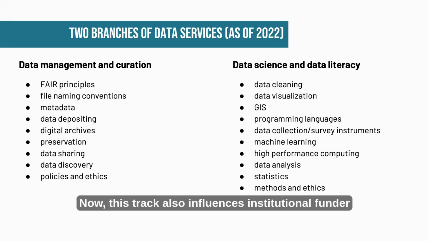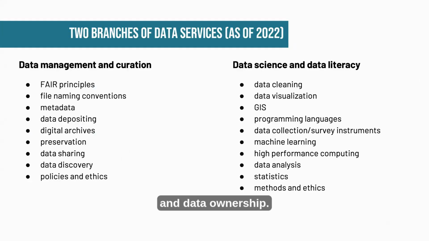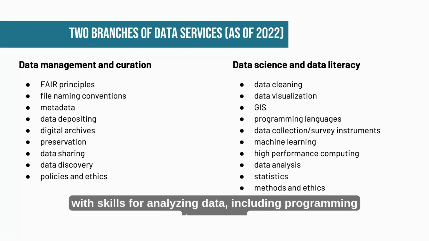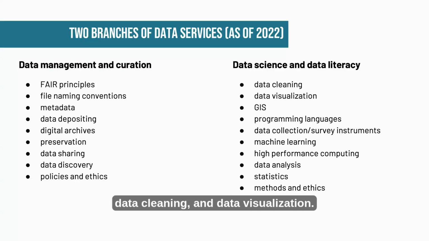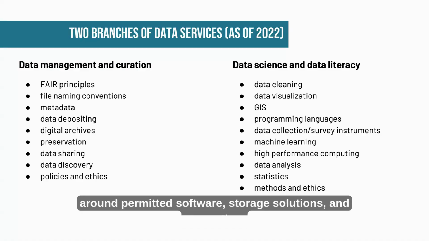This track also influences institutional, funder, and publisher policies around data sharing, data storage, and data ownership. The data science and data literacy track deals with skills for analyzing data, including programming languages, data cleaning, and data visualization. This track also contributes to the development of institutional policies around permitted software, storage solutions, and computing.